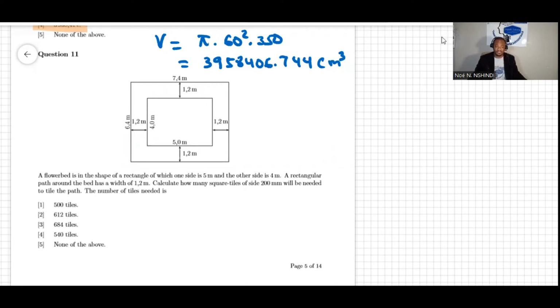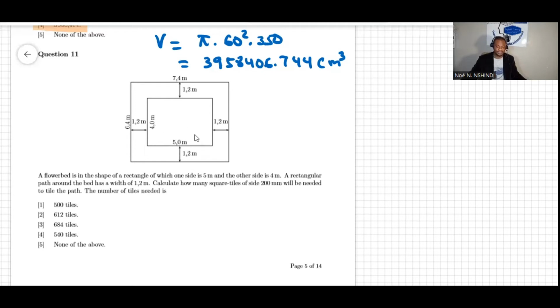A rectangular path around the bed has a width of 1.2 meters. Calculate how many square tiles of size 200 millimeters will be needed to tile the path. The number of tiles needed is, okay. Now, we have the flower bed here, this rectangle of 4 by 5.